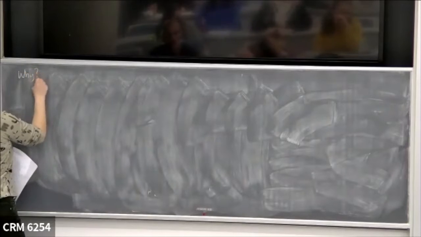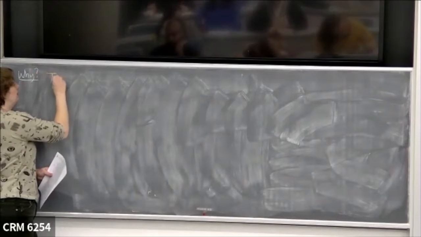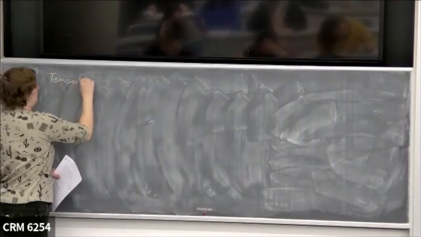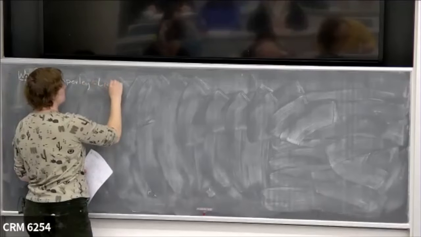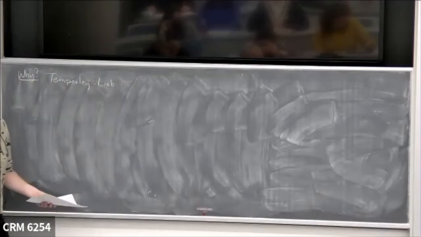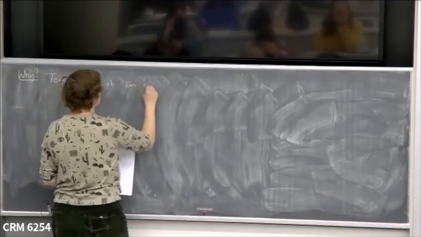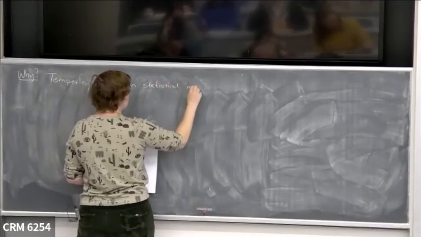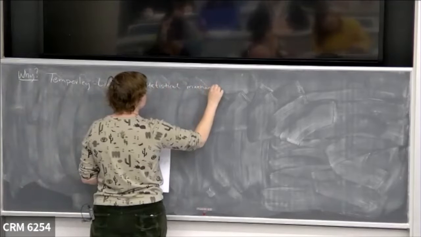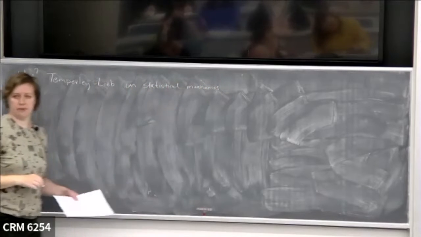So why are people interested in Temperley-Lieb? Well, Temperley and Lieb began studying this in the context of statistical mechanics. I don't recall exactly what they were trying to study, but that is, as far as I know, the first occurrence of this algebra.